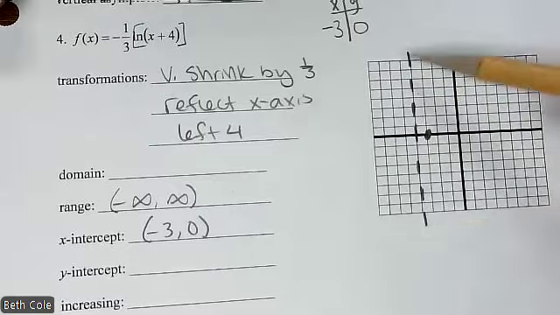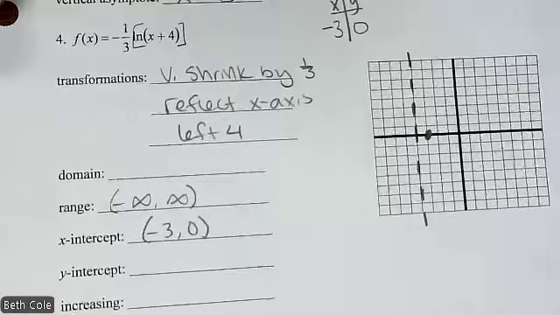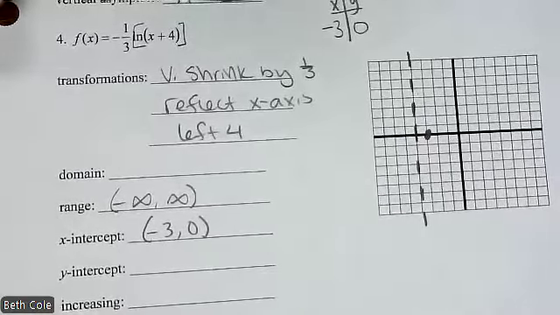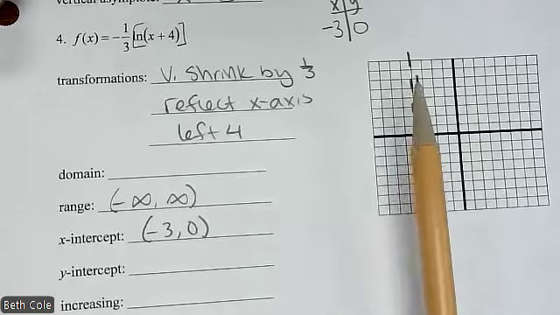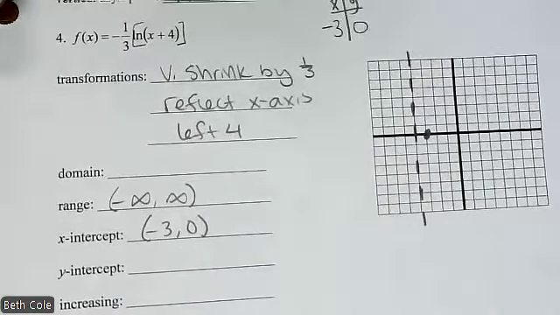The vertical asymptote is at -4, so I plugged in -3. For example, if the vertical asymptote was at 7, what would we plug in? 6 or 8, probably 8. Do you see what I'm saying? ln of 1 equals 0. E to the 0 power is 1. This is at -4, so I plugged in -3.